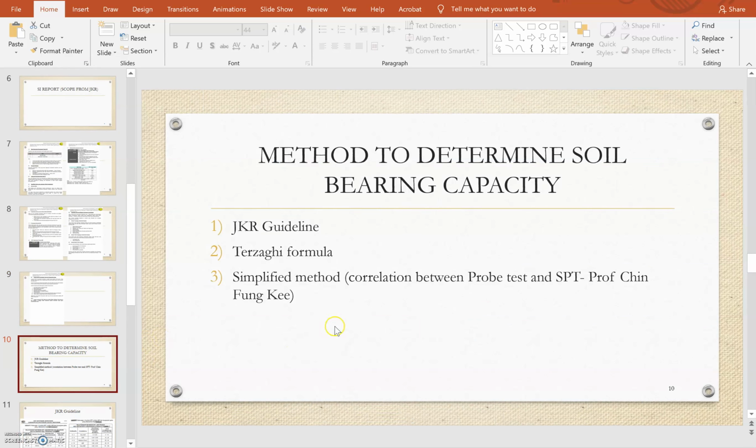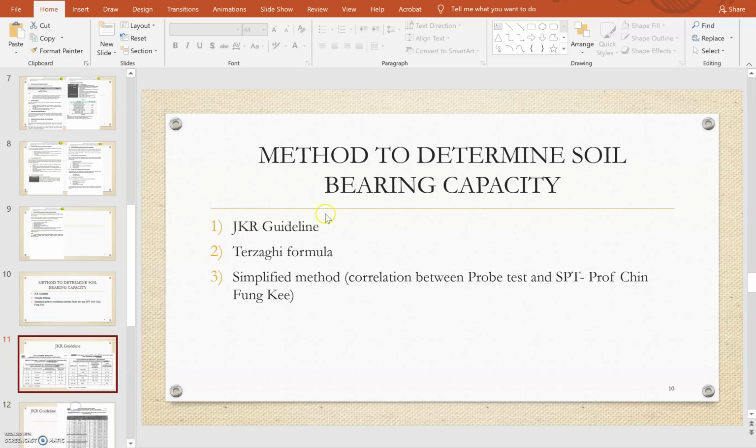Okay, next one, methods to determine the soil bearing capacity. Here there are 3 methods. The first one, JKR guideline. Number 2, Terzaghi, which I think you're familiar with. Number 3, simplified method. For now, we go for number 1 first.